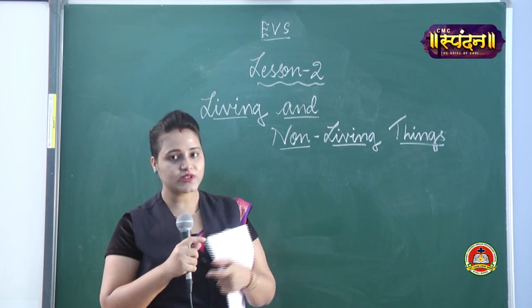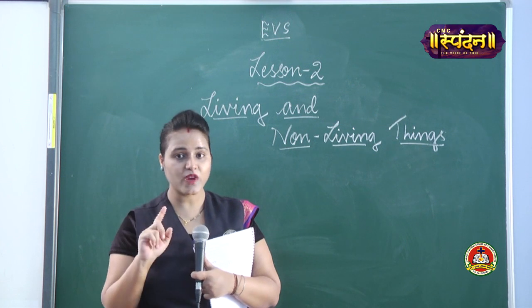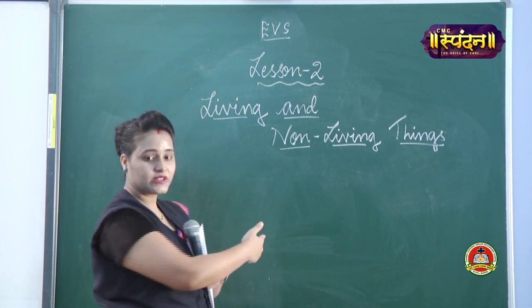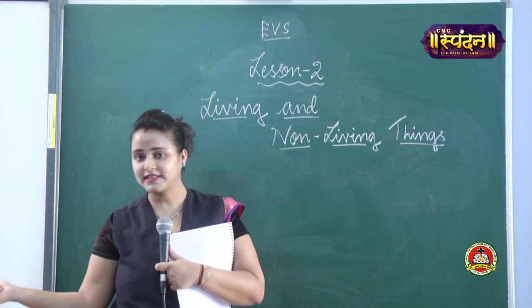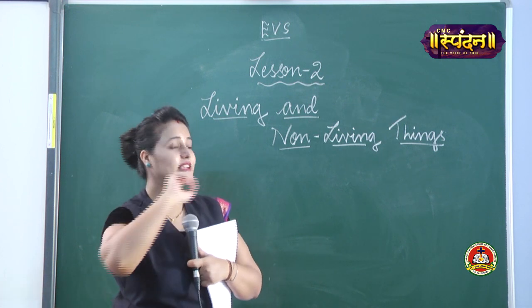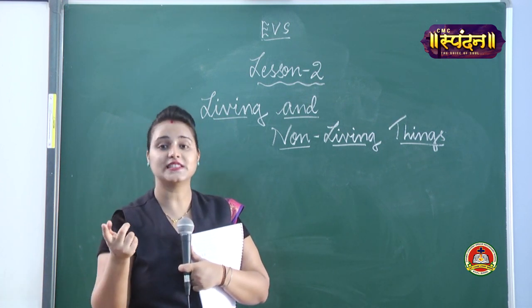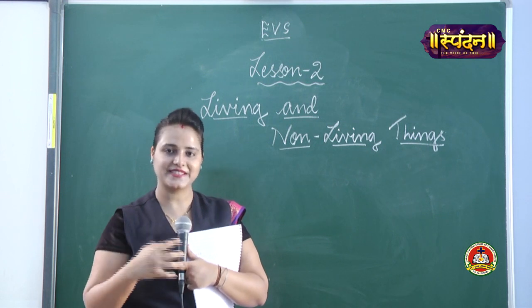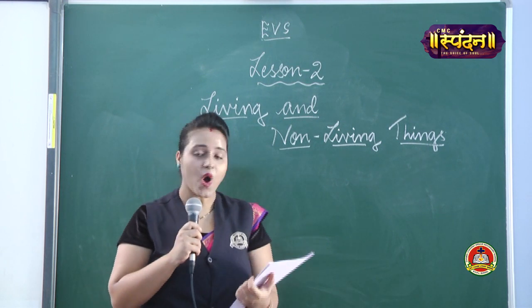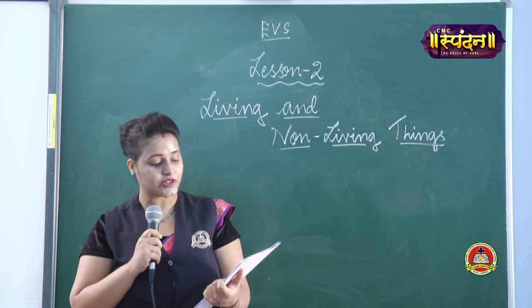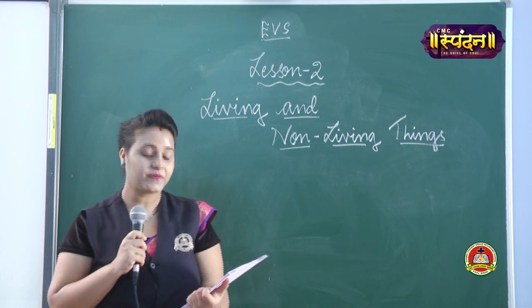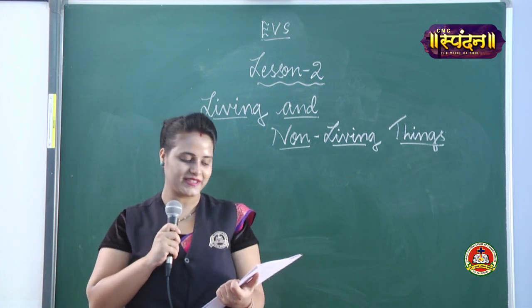What all things can you see around me? That is my environment. Board, table, chairs. Yes, all these things I am surrounded with is known as my environment. Clear? All objects and conditions that surround us are our environment.